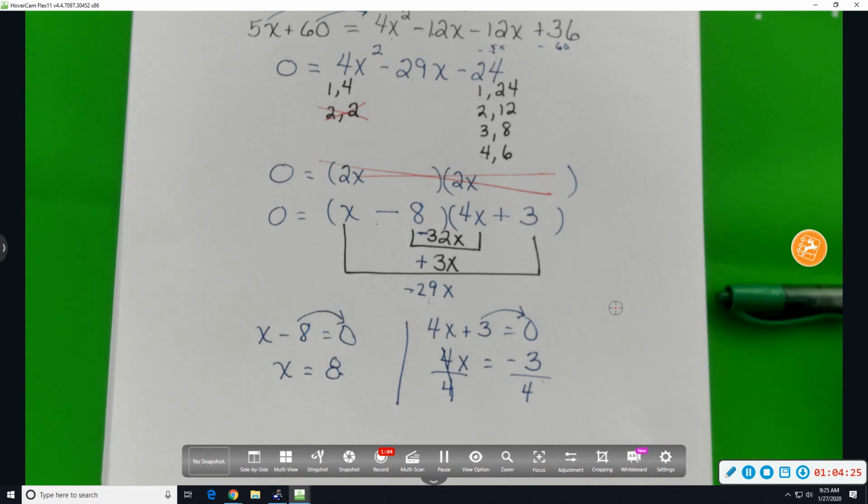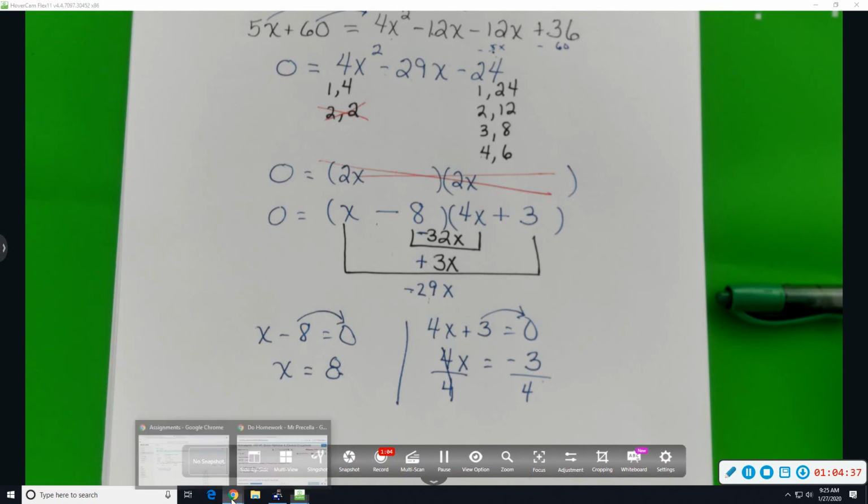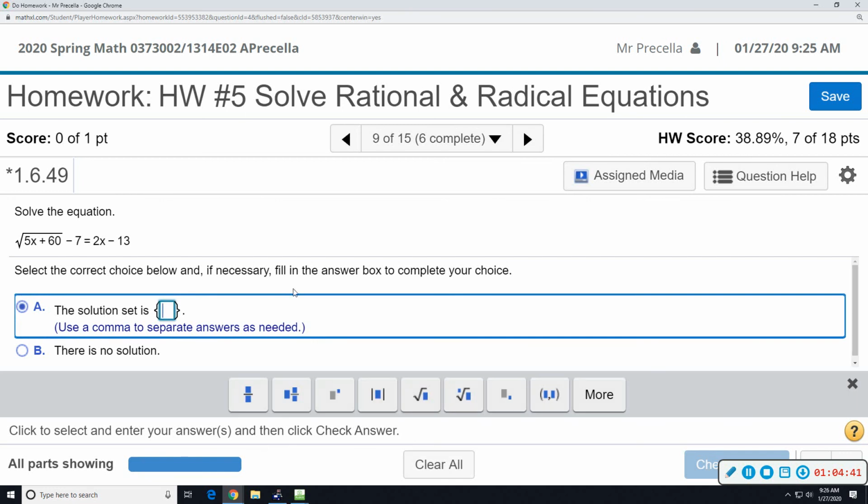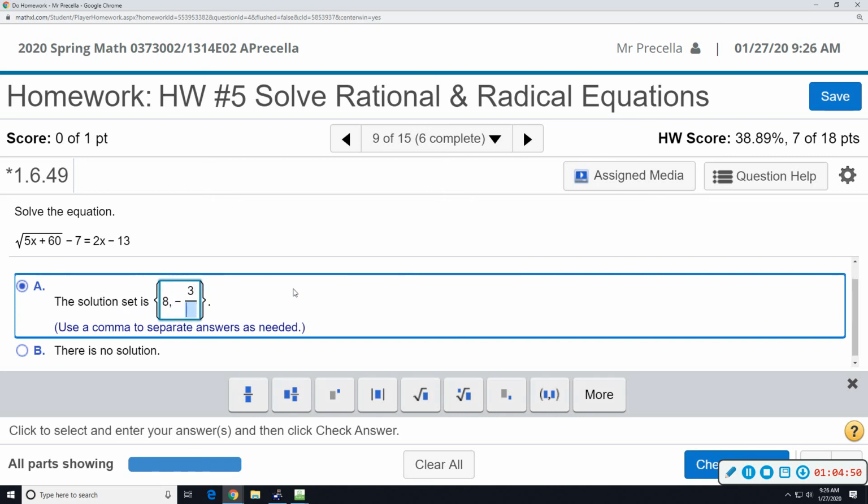If I'm going to check these, which of these are the easiest ones to check? Which number would be the easier one to check? 8. Yeah, the 8. Here's what I'm going to do. I'm going to go ahead and pull up this problem. And let's just see, maybe both of these numbers work. Maybe they're both answers. 8, comma, -3/4. When I check it, if it says correct, great.